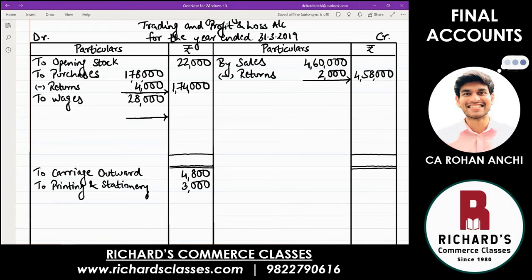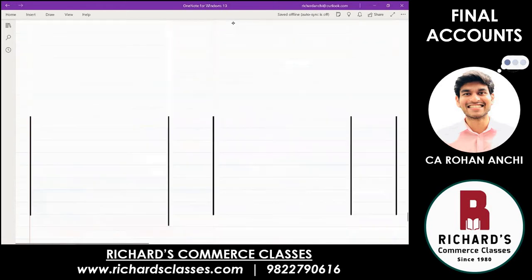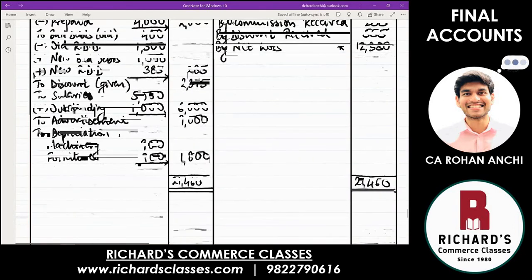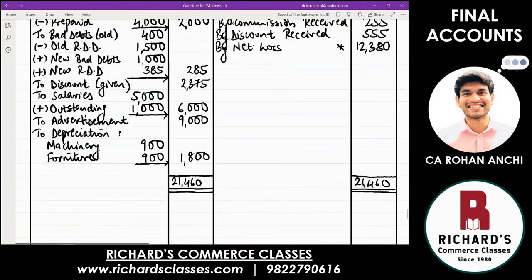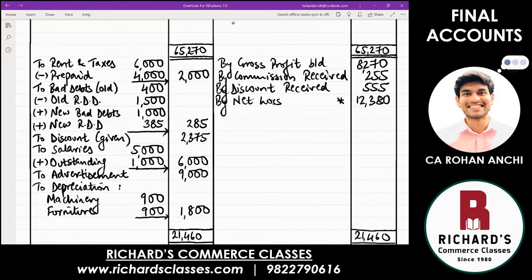Then next is reserve for bad debts. 4 things have to be written together in profit and loss account: old bad debts, old RDD, new bad debts, and new RDD. So in the previous lecture, there also we had, so I will just take you back to that and see how we had written the 4 items relating to the adjustment on debtors.